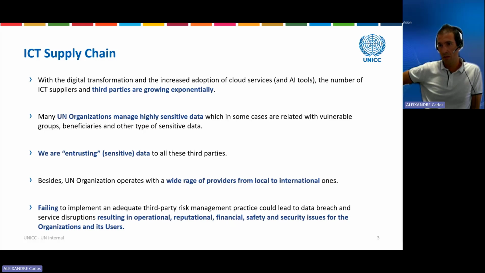So all this will incur in some financial issues, and of course, safety and security related issues if PII data is disclosed, in particular from vulnerable people, which may put their life at risk. So again, not properly managing ICT supply chain can have severe consequences to our organizations.